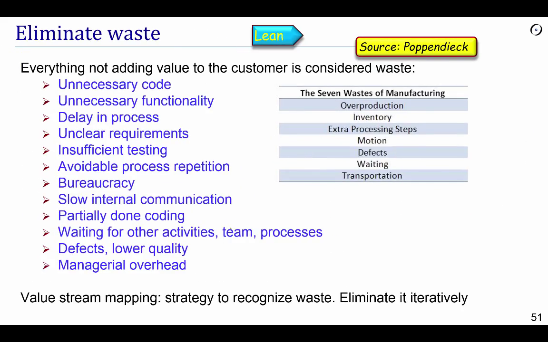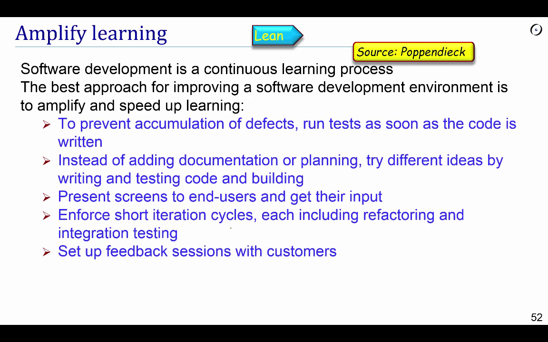We are going to have, after this negative list of things that we don't want, that is to say waste, the other side of the coin, the positive side of the coin, what we try to maximize rather than minimize like waste, and it's learning. Learning also meaning information. Many of the mistakes we make which cause waste are due to insufficient information.